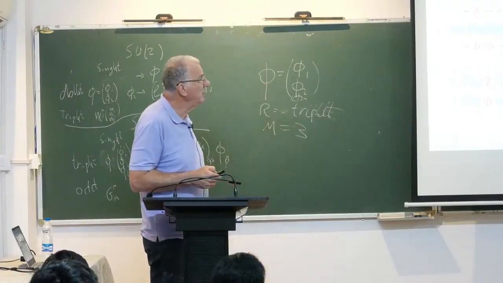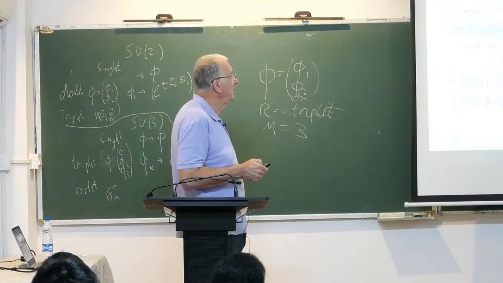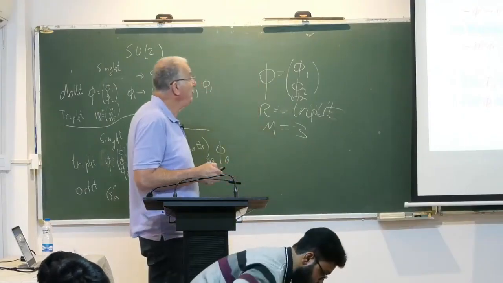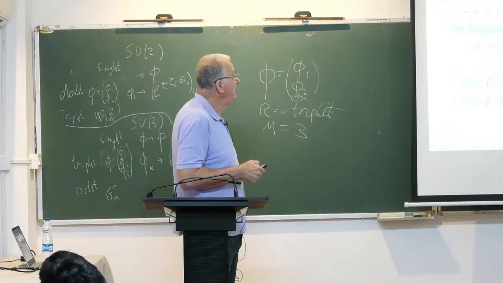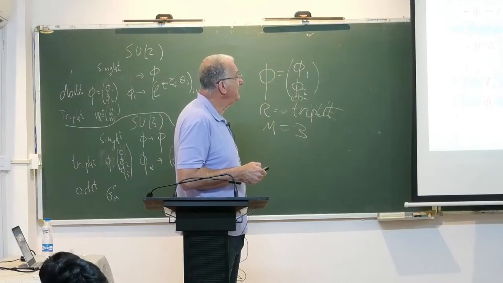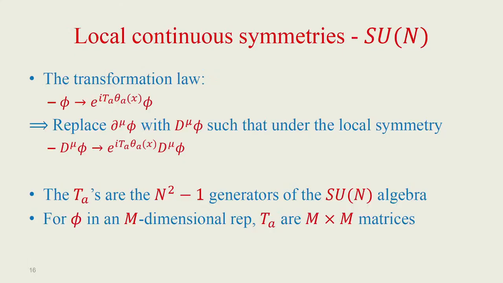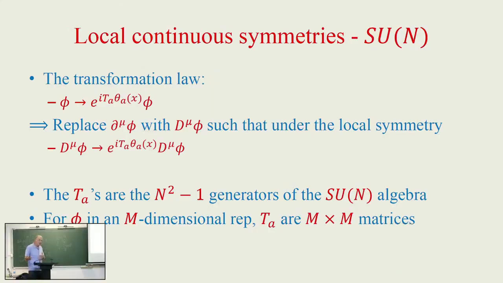And when we do d mu phi dagger d mu phi, the kinetic term, or psi bar gamma mu d mu psi for fermions, then when d mu acts on this, it acts not only on phi, but also on theta, and the terms with d mu theta are the ones that violate the invariance, and we have to fix for that. We have to remove them by some trick from the Lagrangian.